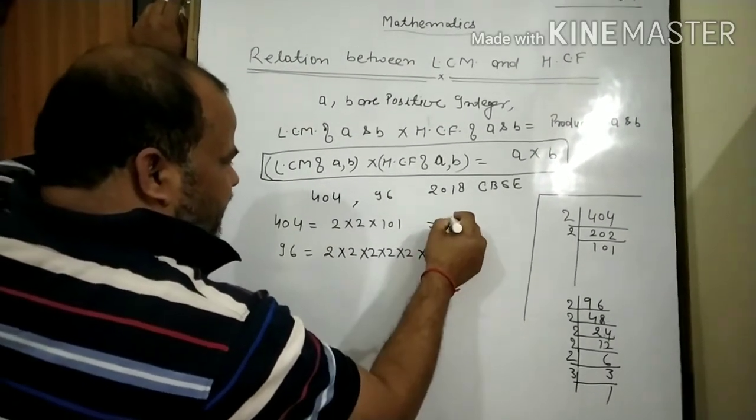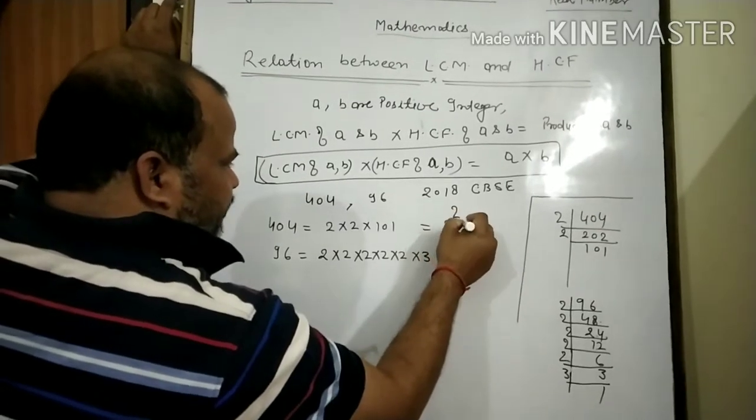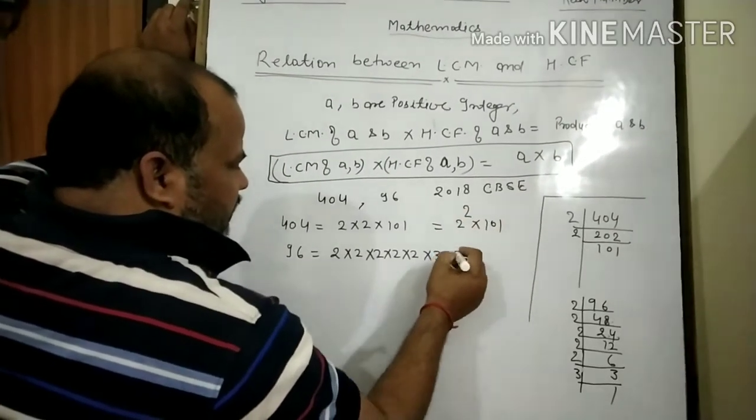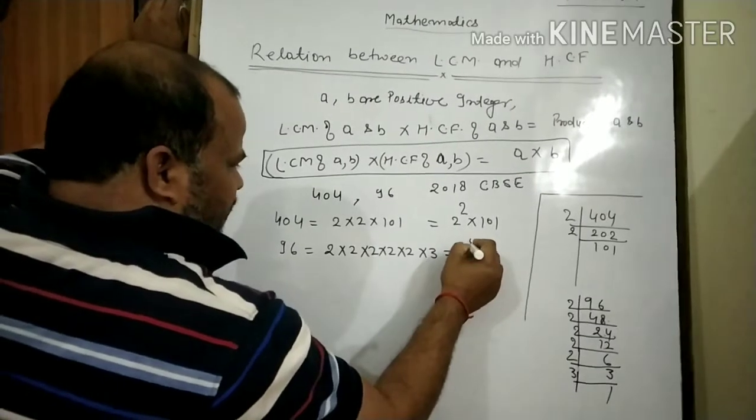So 404 is written as 2 to the power 2 into 101, and in the same way 96 is 2 to the power 5 into 3.